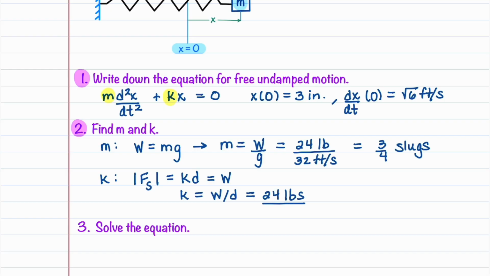And then d is the amount that the spring is stretched, and we're told that our spring was stretched 4 inches. So we're going to put 4 inches here. And since gravity is in terms of feet per second, we're going to change inches to feet. So we just have to multiply by 12 inches and divide by 1 foot. 4 goes into 12 3 times. So we end up with 72 pounds per foot.